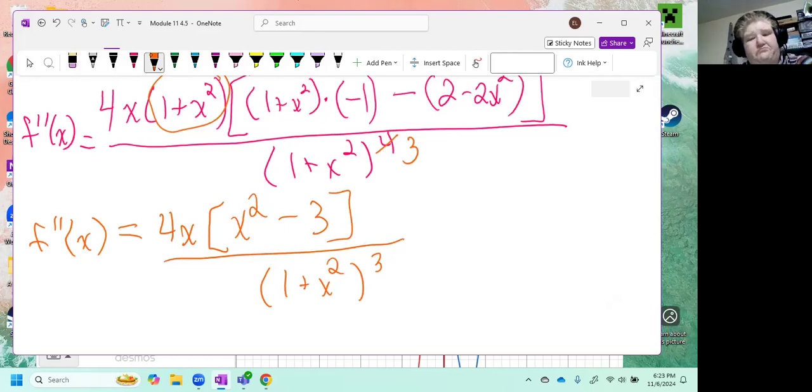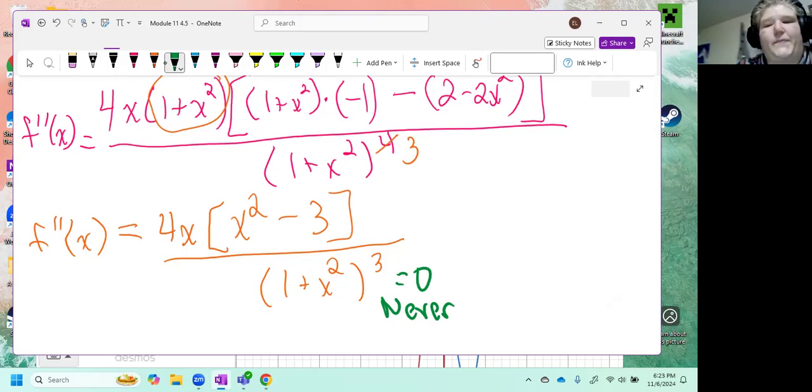We got a lot more critical values the second time around. So the good news is the bottom never equals 0 because it's the same bottom we've been dealing with. That 1 plus x squared never goes negative, never goes to 0. So on top, we're going to set that equal to 0.